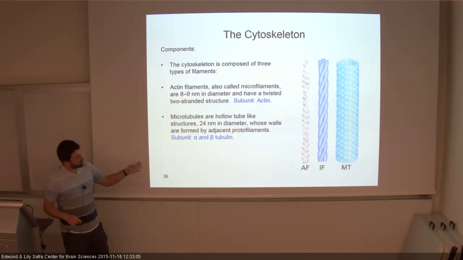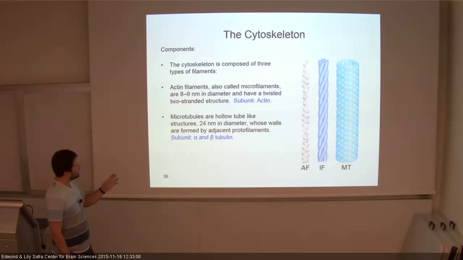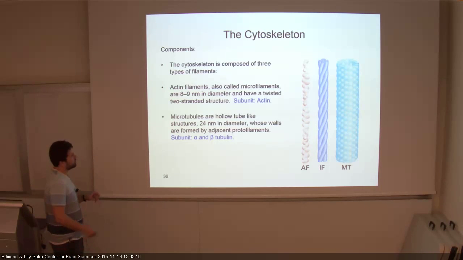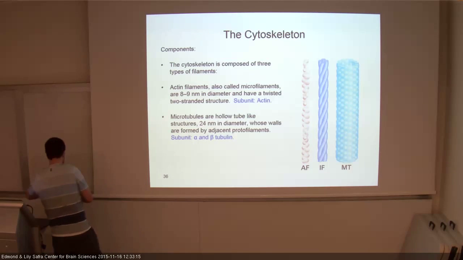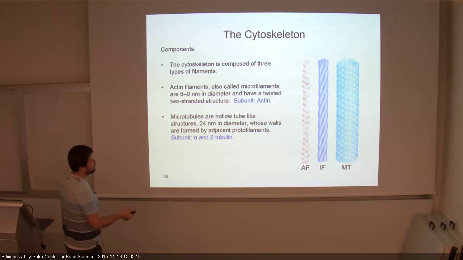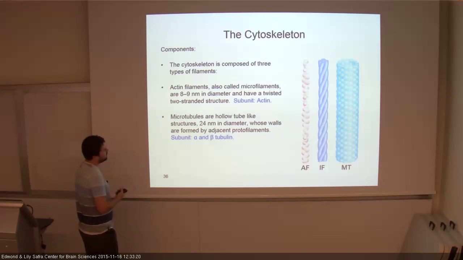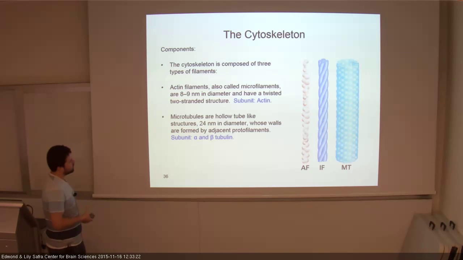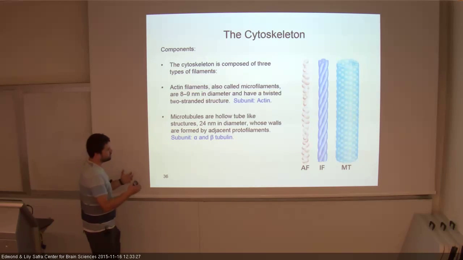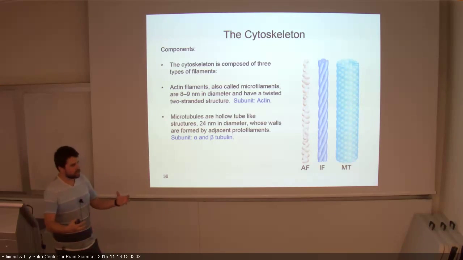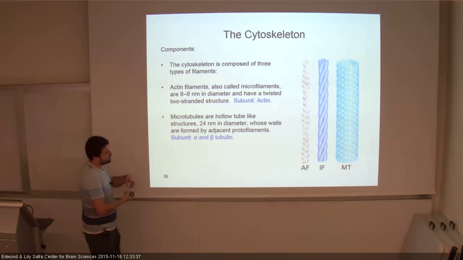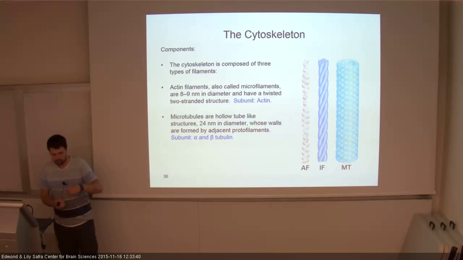The next one, we're not going in the order of size, is the microtubule, which is the structure that you see here. It is a hollow, tube-like structure that is 24 nanometers in diameter, and is made from two subunits that form dimers, alpha and beta tubulin.